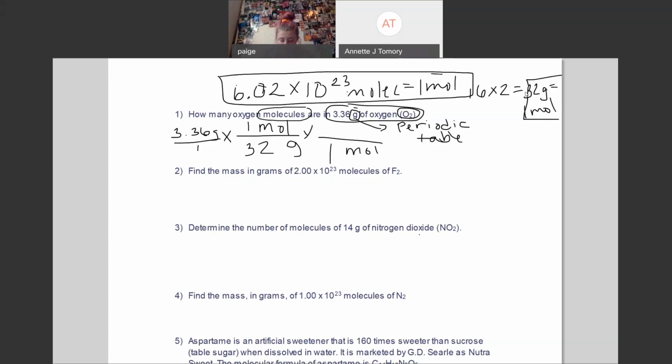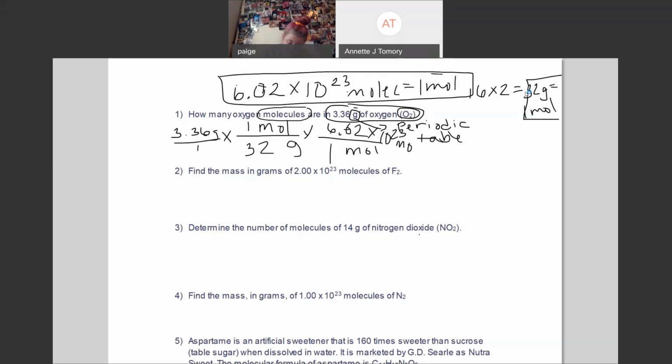All right, so we're trying to get to molecules. What number goes with molecules? 6.02 times 10 to the 23rd.